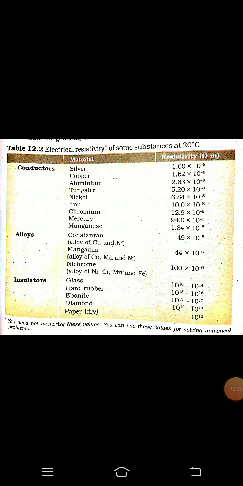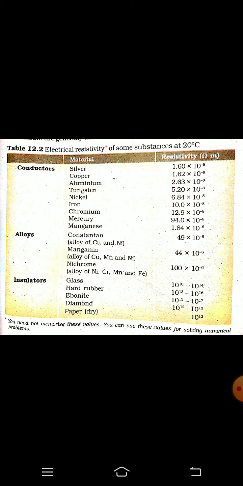There is a table 12.2, which gives different electrical resistivity of some substances at 20 degrees Celsius. So from this table 12.2, we can say that the resistivity of an alloy is generally higher than that of its constituent metals. For example, we know that alloys are combinations of metals, right?